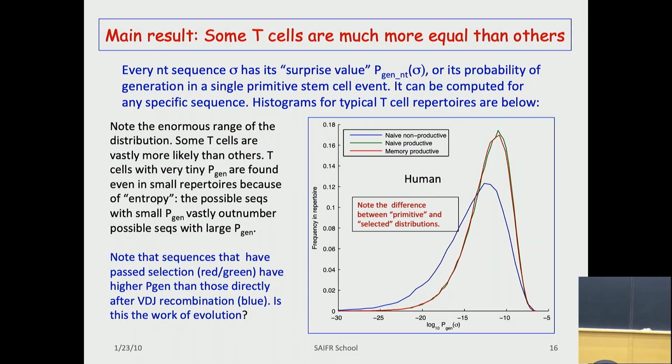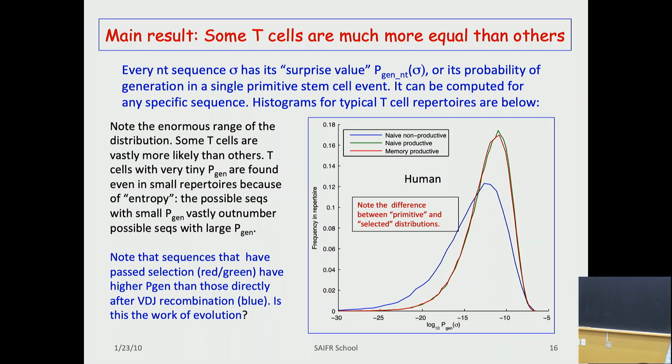These are sequences that have not only been generated and, at generation, were in frame, free of stop codons and all that stuff, but in addition got made as proper surface-expressed proteins, made it through the thymus and got into the blood, and therefore are functional T-cell receptors.